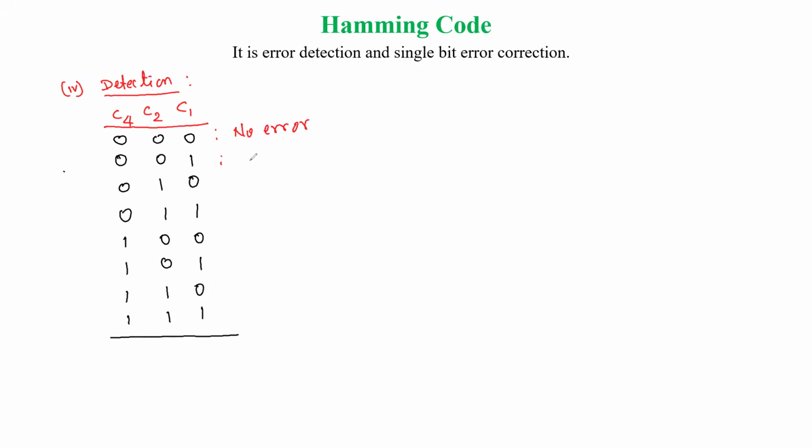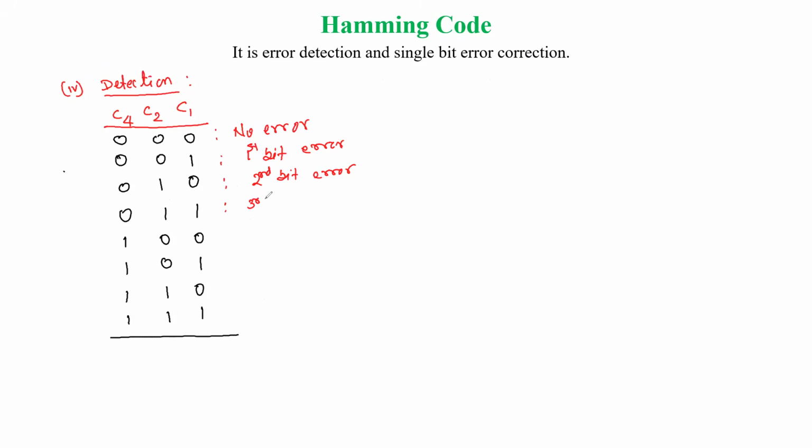So if we get this combination, it means in the first bit we have error, at first position we have error. Similarly here, if you get the combination of C4, C2, C1 like this, then the second bit has error.